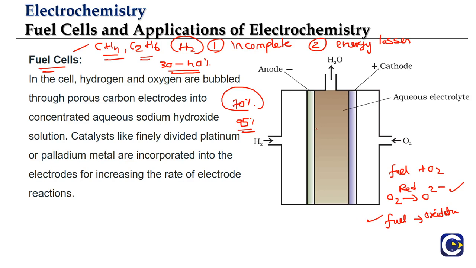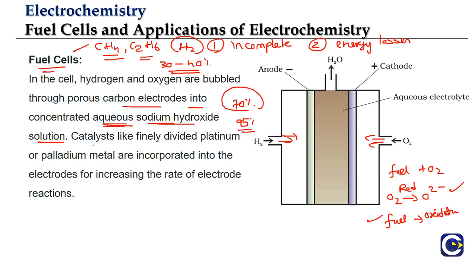What we are seeing here is an example of a fuel cell, the hydrogen fuel cell. This is the one generally used in spacecraft, etc. So what is the hydrogen fuel cell? Hydrogen gas and oxygen gas are bubbled through porous carbon electrodes, which are immersed in an aqueous sodium hydroxide solution.